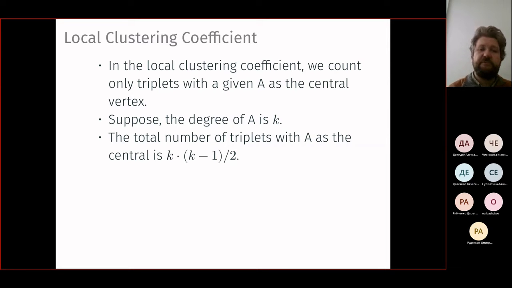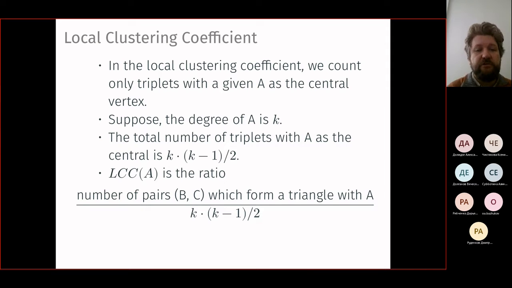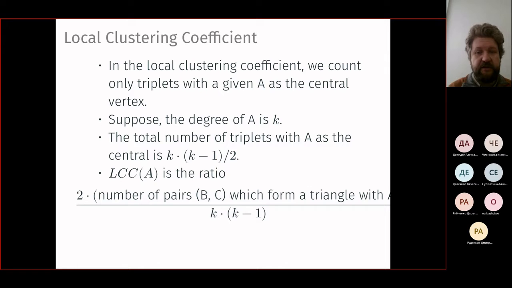The local clustering coefficient is the following ratio: you take the number of pairs B and C for which there is a triangle ABC and divide by the total number of triplets. And this gives you the local clustering coefficient.